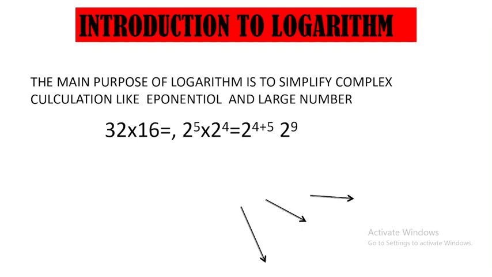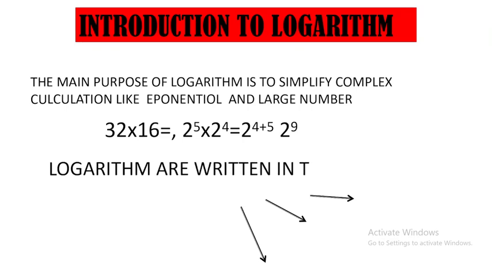So we take the summation of that power and write it over one base. By using this expression, we get 2 power 9. So let's continue to see the logarithmic form written from the above expression.